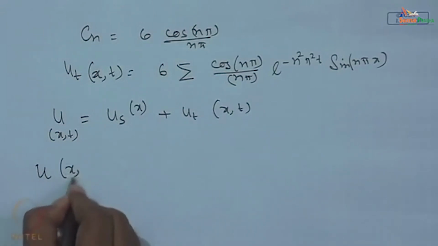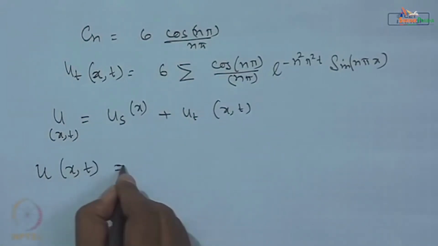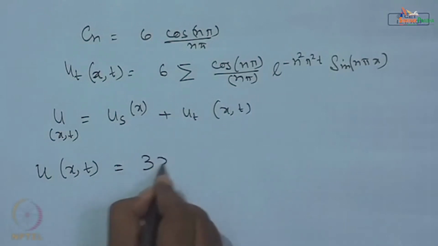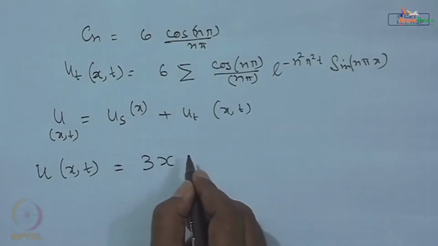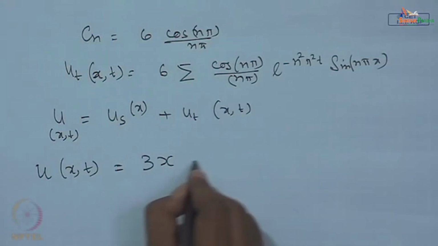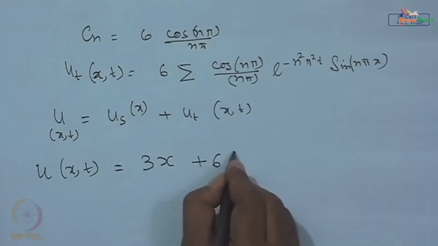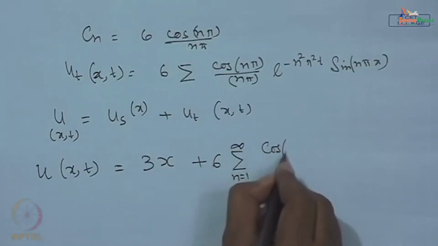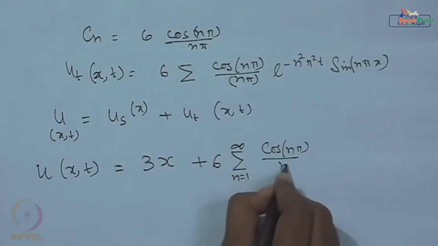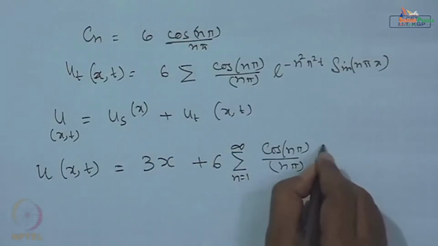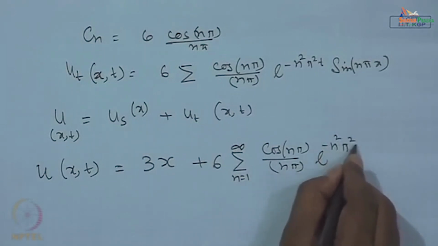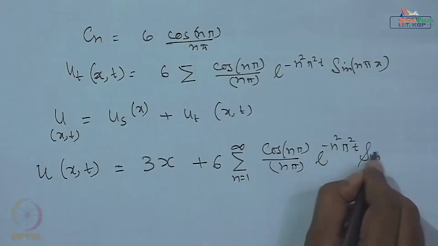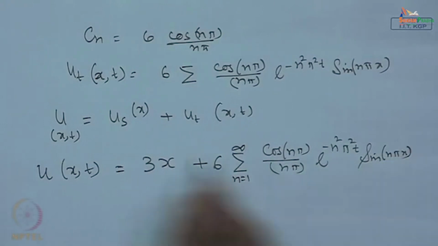So, u as a function of x and t will be obtained as 3x, that is the steady state solution, plus 6 summation n is equal to 1 to infinity cosine n pi divided by n pi e to the power minus n square pi square t sin n pi x.